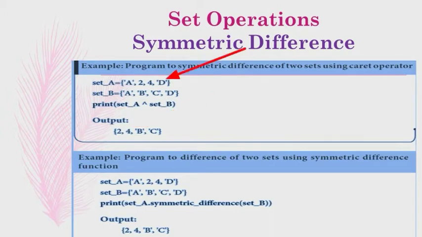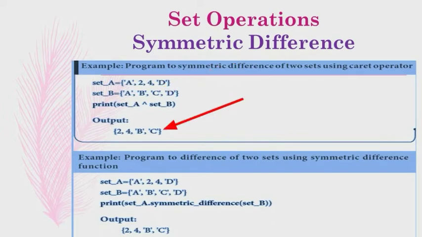Next is D. D is available in set A and set B. This is a common element, so ignore this element. And see the next value A, this is a common element, ignore this. Next is B, it is present in set B, so it will be printed on the output screen. Next see the next element C. It is available in set B only, so it will be printed on the output screen.